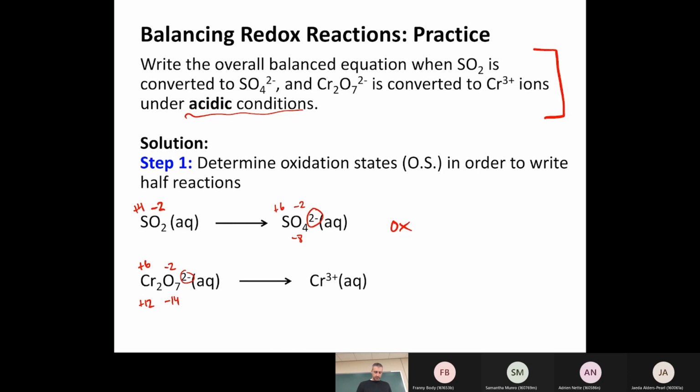And then chromium 3+, pretty straightforward, it's just +3. The charge is equal to its oxidation number. So it went from +6 to +3, that's a reduction. Perfect. So step 1, apply all the oxidation numbers to everything so we figure out what's being oxidized and what's being reduced.